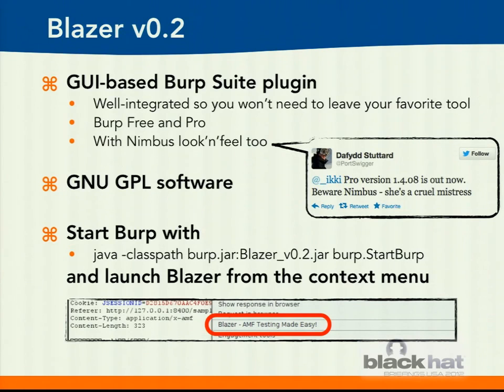To use Burp and Blazer, you basically just need to instantiate Burp as with any other extension. So you add the extension jar to the class path, and you launch Burp. In this case, from basically every possible context menu, whenever there is a remoting message, you can launch Blazer.